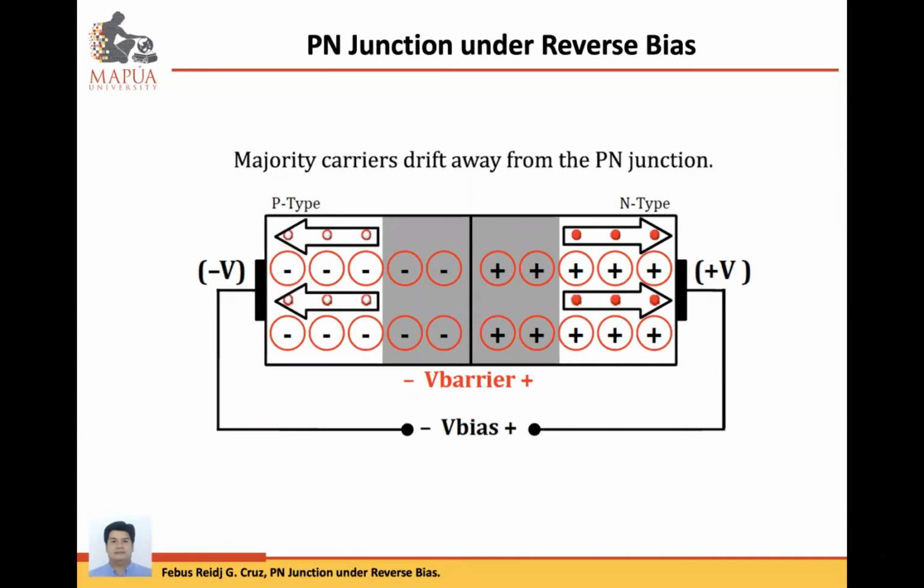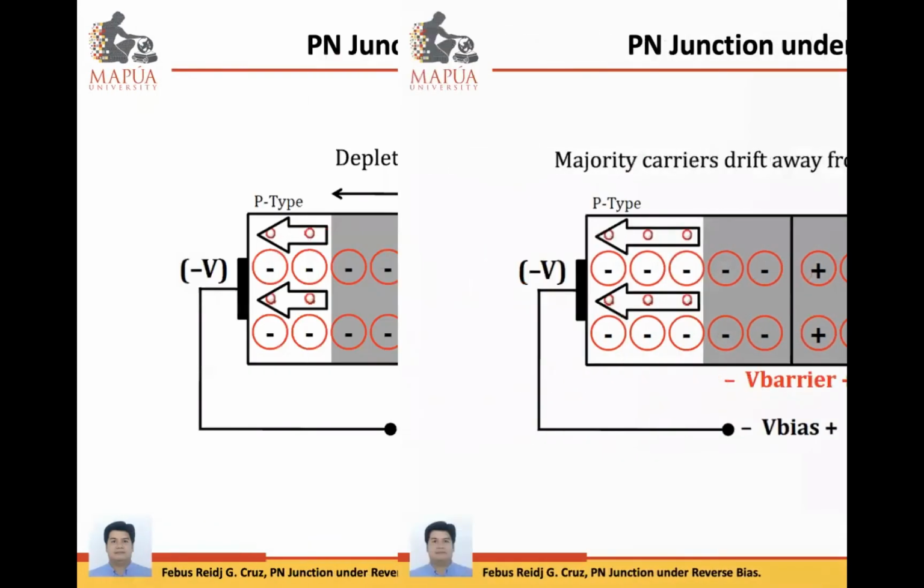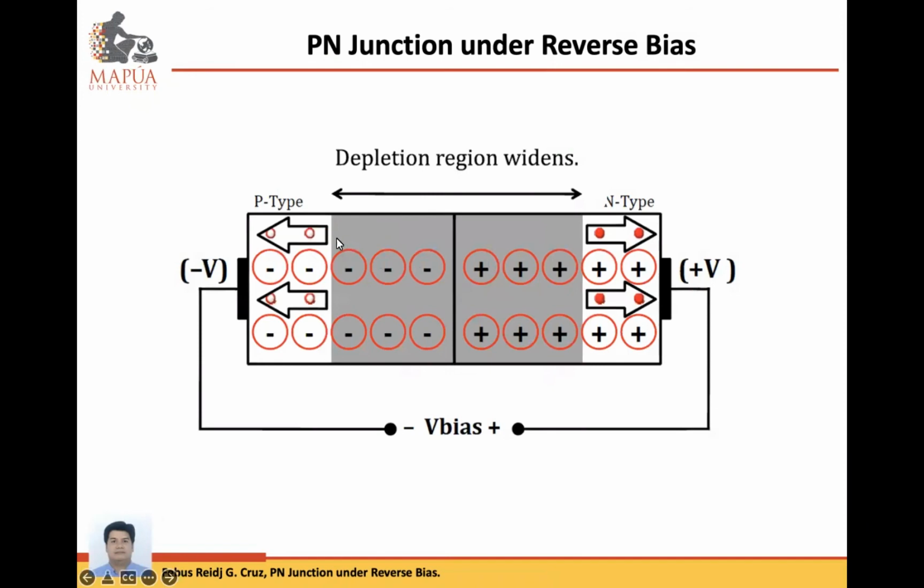Yes, sir. All right. And because of that, we expect that the depletion region in the reverse bias will increase. So as the charge carriers move away from the p-n junction, the depletion region widens.